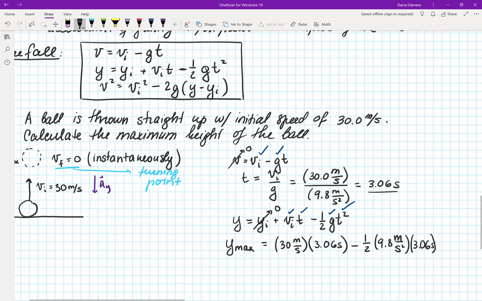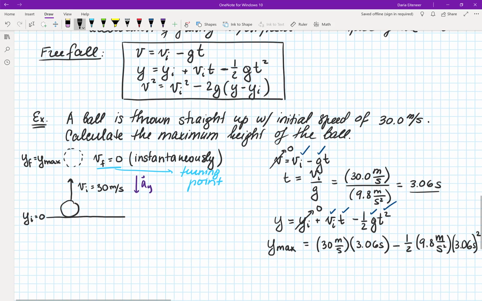Don't forget to square that. Okay, so that can all be plugged into the calculator, and we have 45.9 meters.